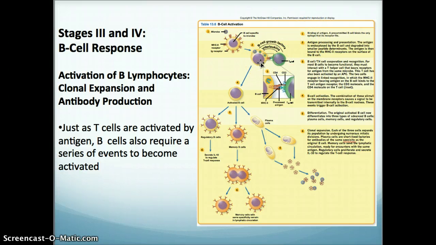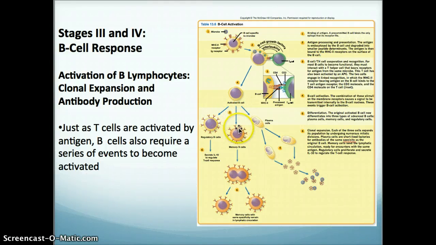In addition, once it has done this cooperation and recognition with the T cell, we have interleukins that are going to activate this B cell. So down here we have the activated B cell, and this activated B cell then is going to differentiate into three types of cells. It will make regulatory B cells, which will secrete IL-10 and will regulate the T cell response.